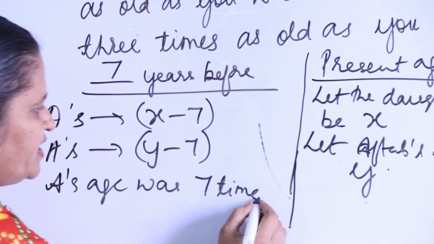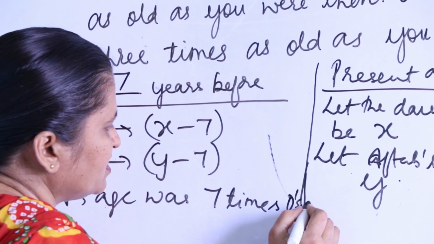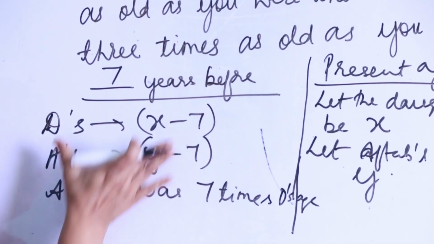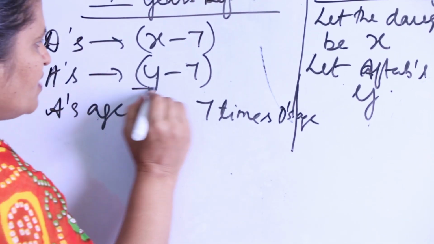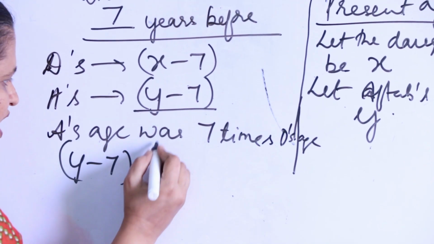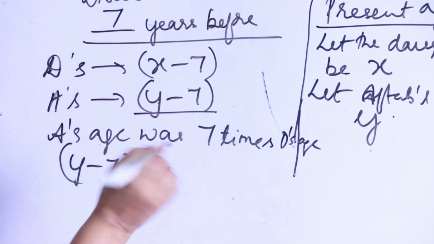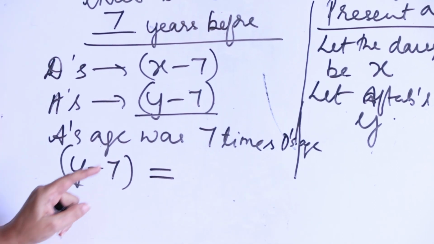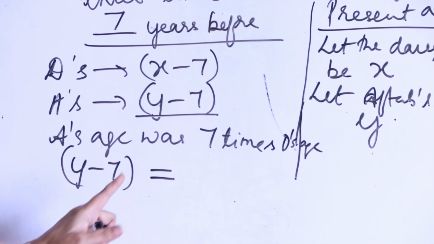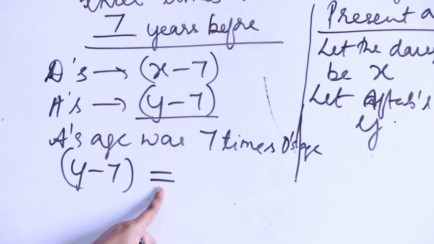Aftab's age was 7 times daughter's age. See, very easy to change it to an equation. Aftab's age, I'm talking about this one, Aftab's age, y minus 7. He was equals. Especially in algebra, was, is, everything is equal to 1. Was means put an equal sign there.